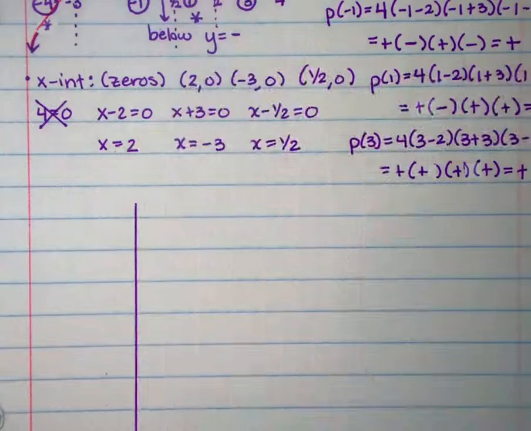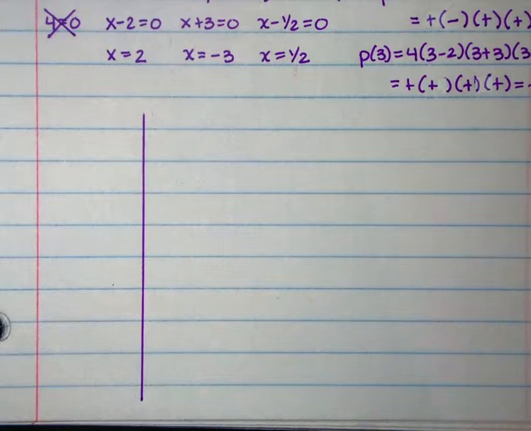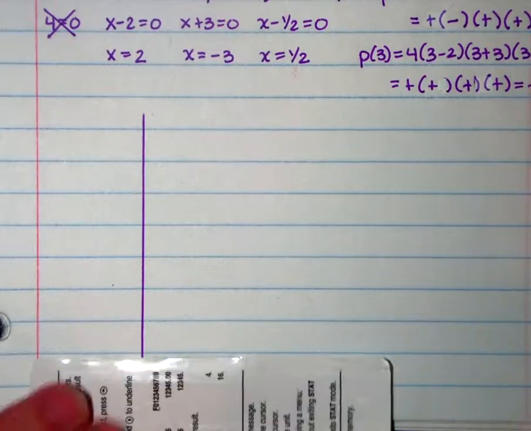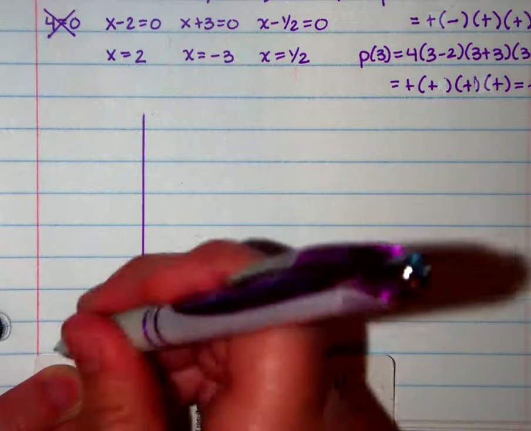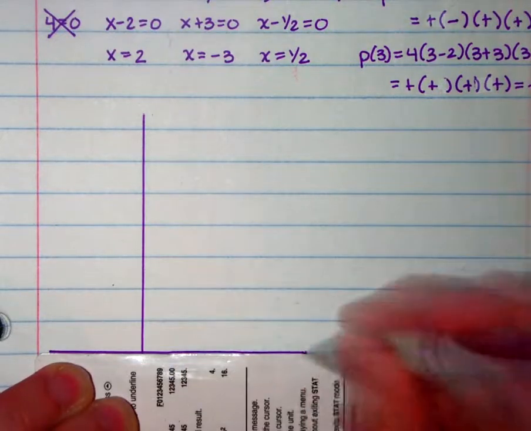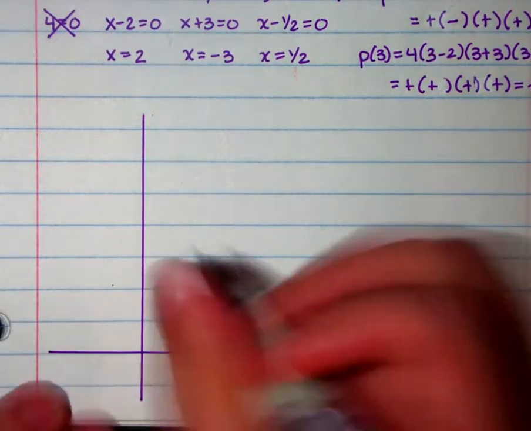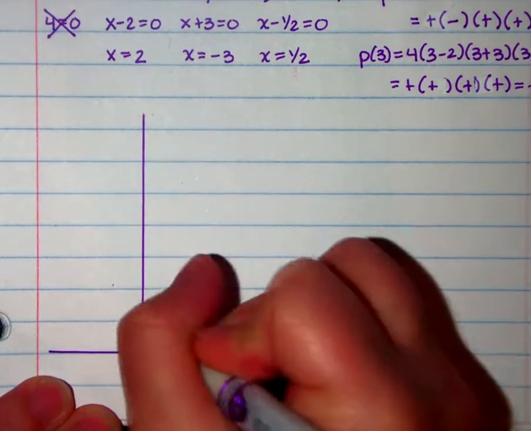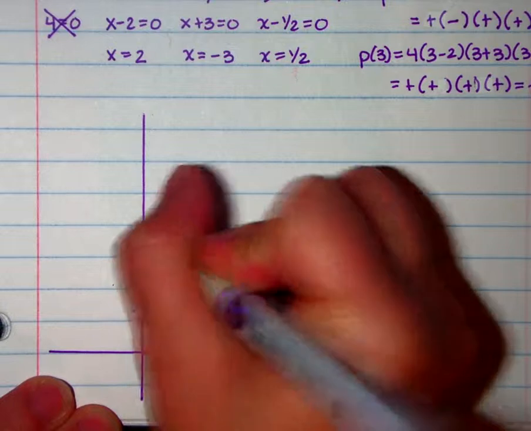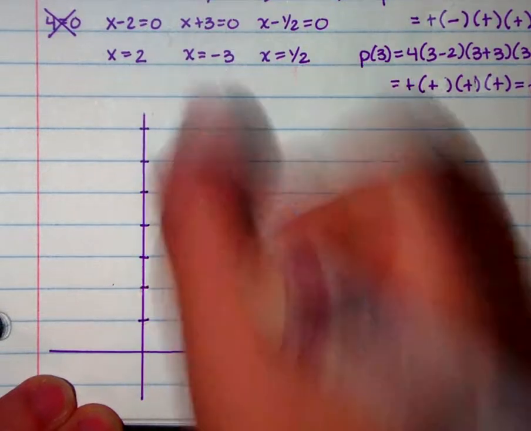And now I do need my graph to be able to go up to a positive 12. And so I'm going to keep most of my space in the upper part of my graph. Right. So let's see, 1, 2, 3, 4, 5, 6. I'm going to label each line. I think I'm going to label those by 2s.